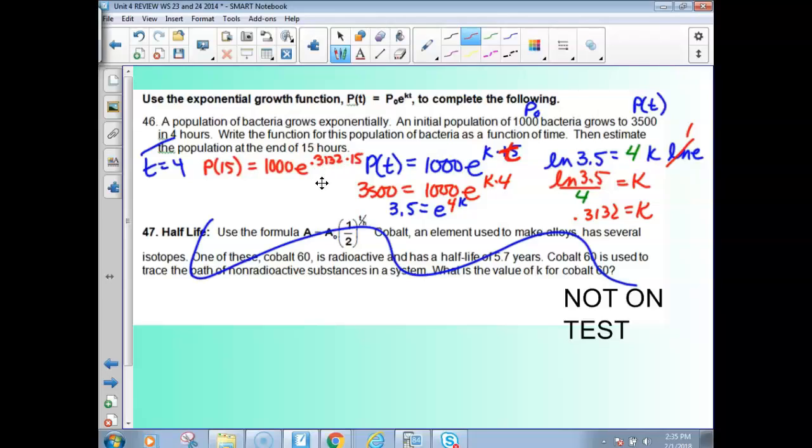That's the new calculation you need to make. All right, so we got a lot of bacteria. 109,727 bacteria.